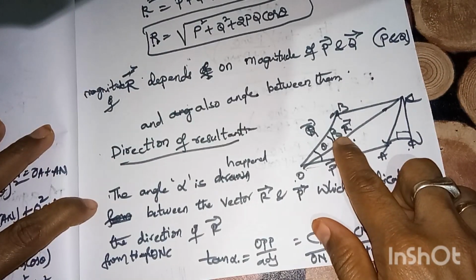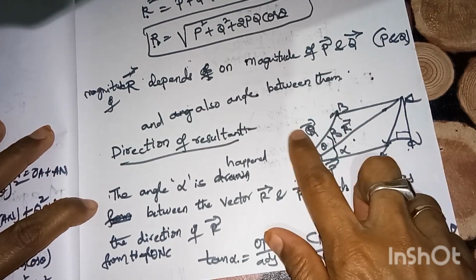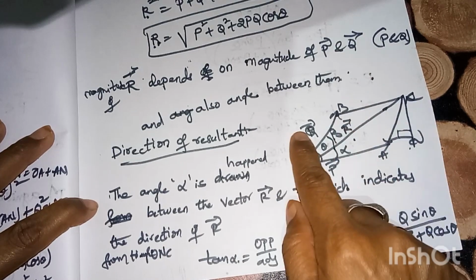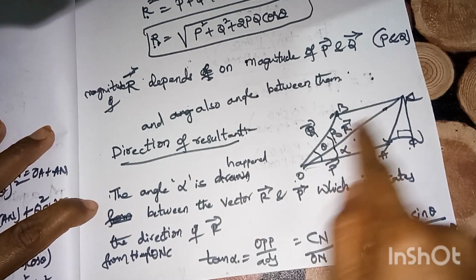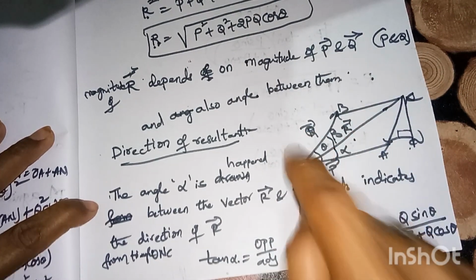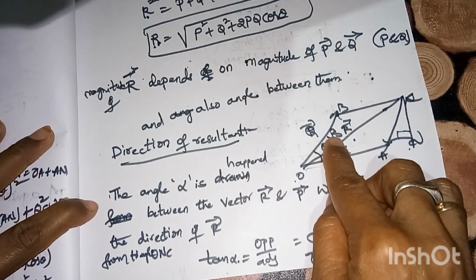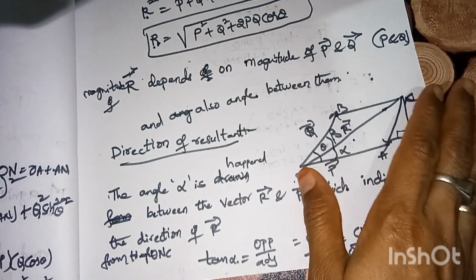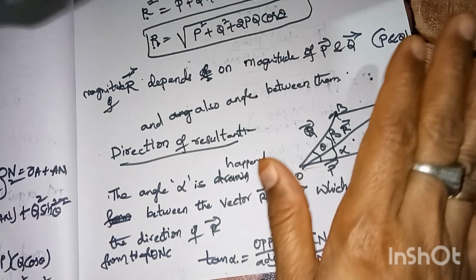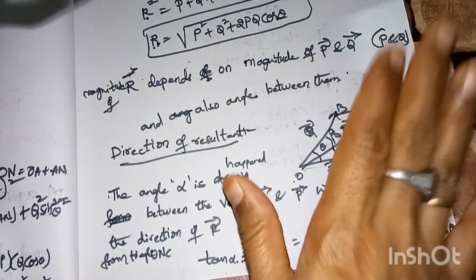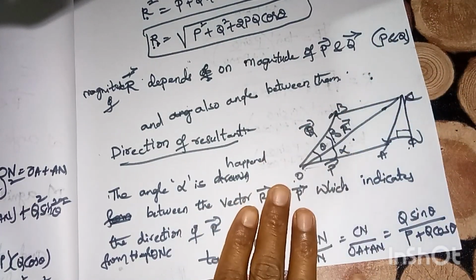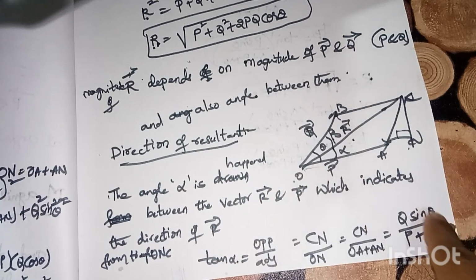Here beta is the angle between the resultant and the second vector, that is R bar and Q bar. So if they ask you to find the angle between the resultant and the first vector, take the formula tan alpha equals Q sin theta by P plus Q cos theta.